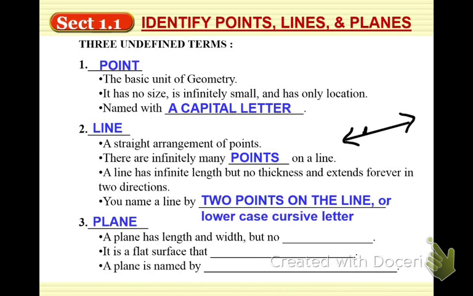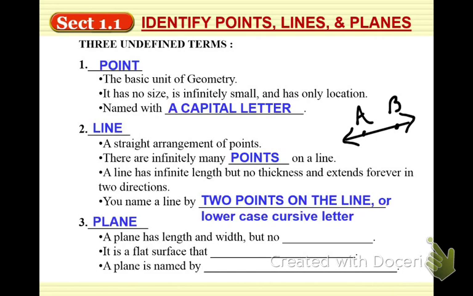So there's a line. Okay. Now, if we're going to name a line, we pick any 2 points on that line and use those 2 points. 2 points make a line, right? So we use any of those 2 points on that line to name it.